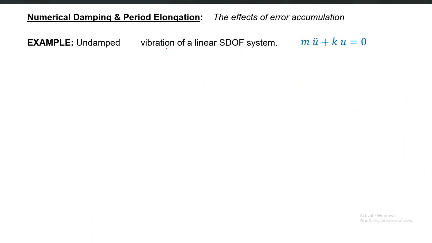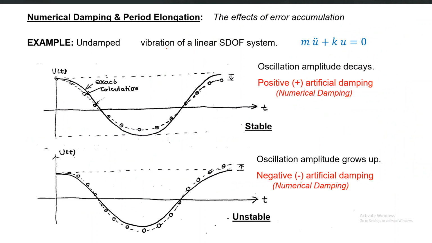One last consideration about this error accumulation in the step-by-step direct integration is the concept of the artificial damping. Let's say that your solid black line is the exact solution, the actual solution.